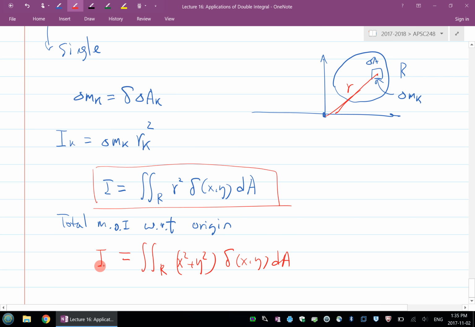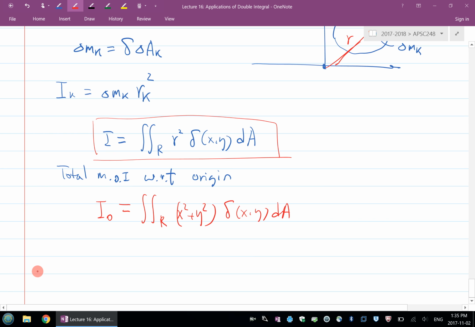So this is your moment of inertia about the origin. Let's use a subscript I O to represent this moment of inertia. Good? Okay, so that's number 6.